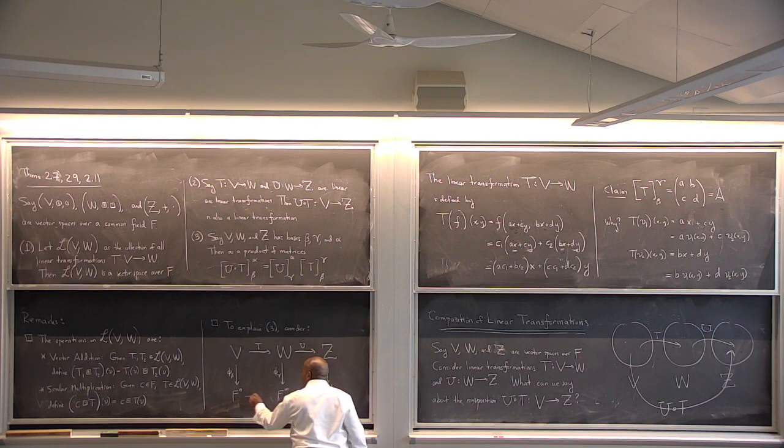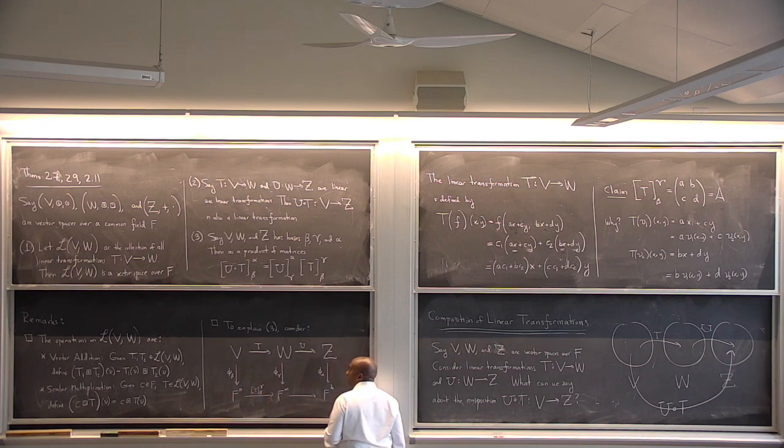And here at the bottom, we'll have our matrix representations of T. Notice that here I'm going from beta to gamma. And here I'll have my matrix representation for U going from gamma to alpha.